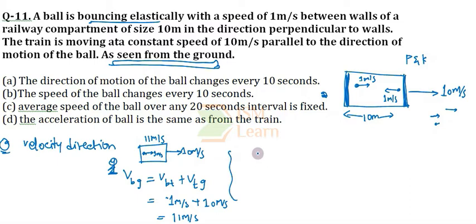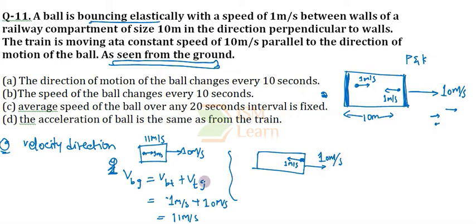What happens in the second scenario? After some time, the ball reaches the opposite wall of the compartment and bounces back elastically. That is, its speed remains the same, only the direction gets reversed. Now the ball is moving opposite to the direction of motion of the train, which moves at 10 meters per second.